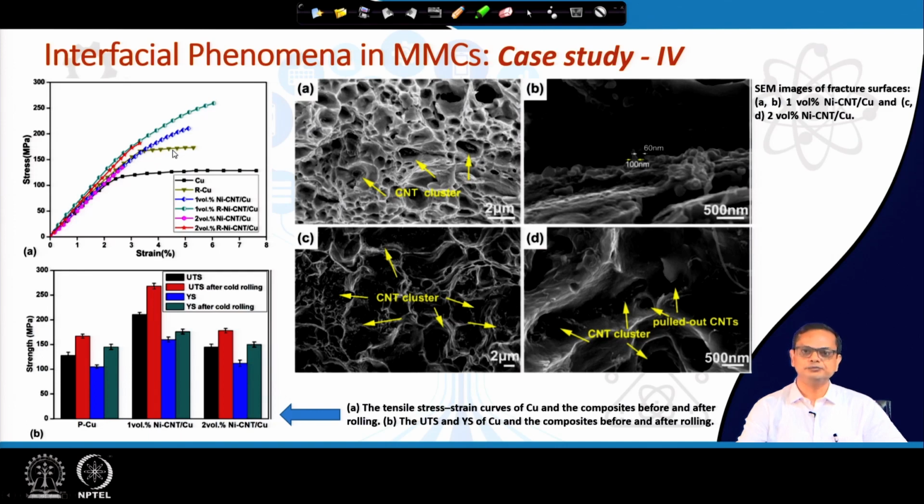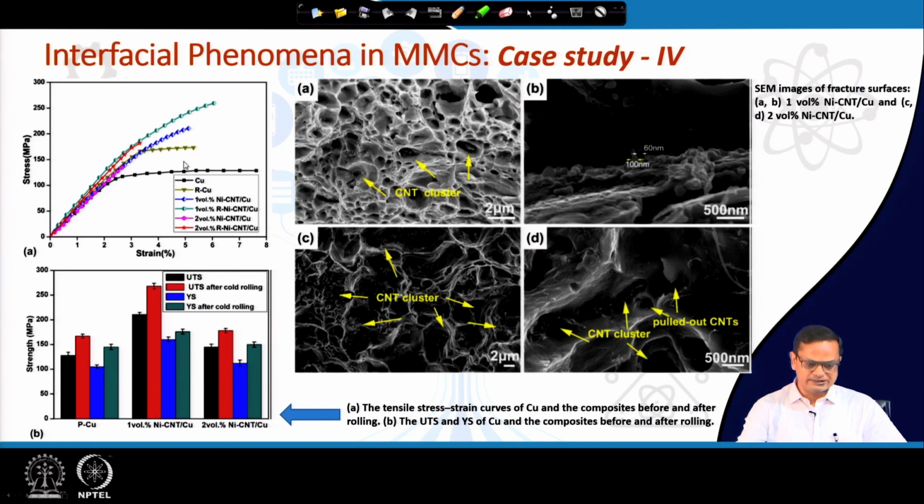Both are increasing because of two reasons. One is cold rolling leads to better densification, and also cold rolling leads to an increase in the dislocation density in the material, and that is why you can see an increase in the yield strength as well as UTS.